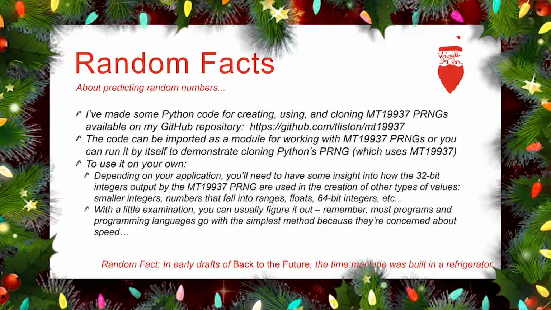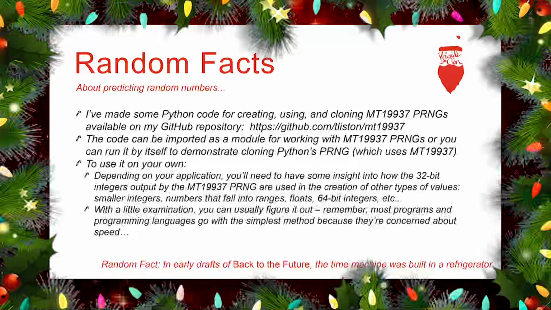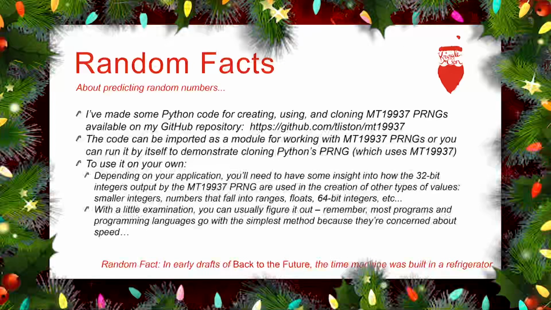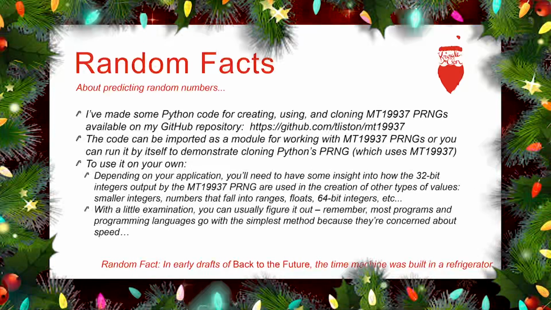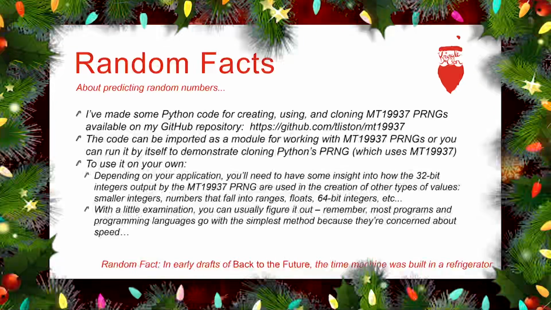So yeah, if it's just giving you the 32-bit integers, that's pretty easy to do. But what if they're talking about floats? How does the application use the output, the 32-bit integer output from the MT19937 pseudo-random number generator? How does it use that to create those floats? Or how does it use it to create numbers that fall within a specific range? Or how does it use it to create 64-bit integers?